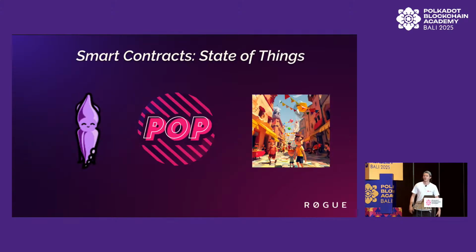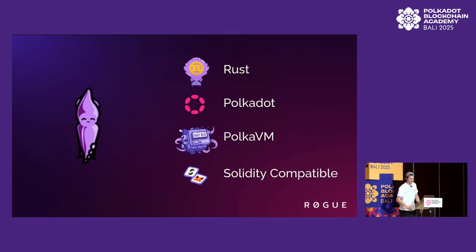Okay. So, smart contract state of things: Ink, POP CLI, and the Polkadot Hub. Ink is a Rust smart contract language, built alongside the Polkadot SDK since I think 6 or 7 years ago.